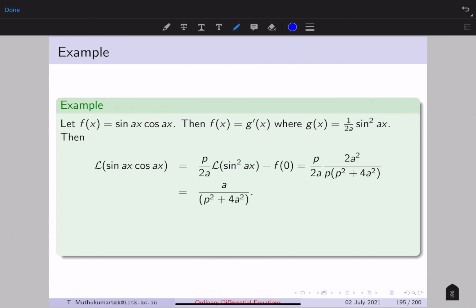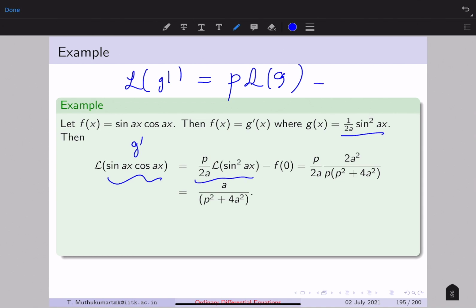So if this is g prime, then its Laplace transform is p times the Laplace transform of g, where this is your g, minus g of 0. Yes, this is a mistake: this should be g of 0, not f.